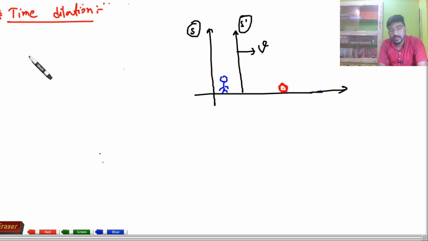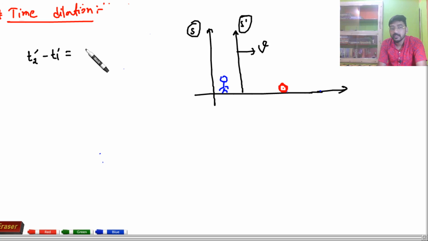That is, T2 dash minus T1 dash. This is a time interval. Suppose a blast is occurring over here and its time interval is T2 dash minus T1 dash. Any phenomenon occurring in the S dash frame has that time interval. Or you can say simply that there is a clock and the time interval is T2 dash minus T1 dash.